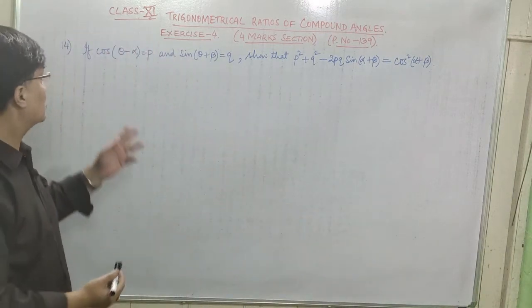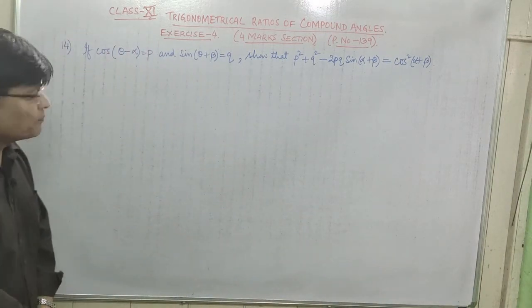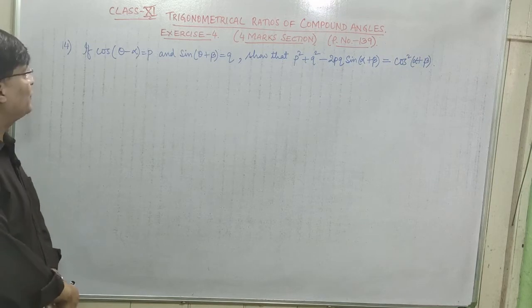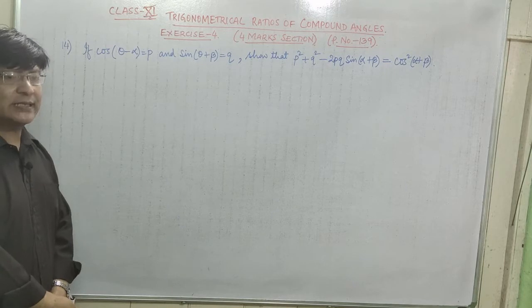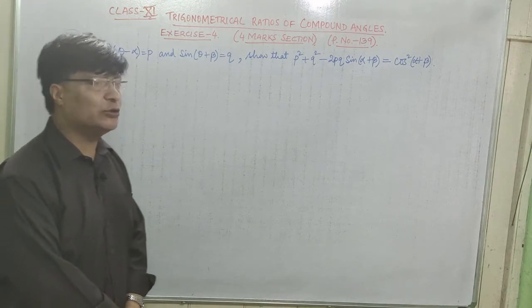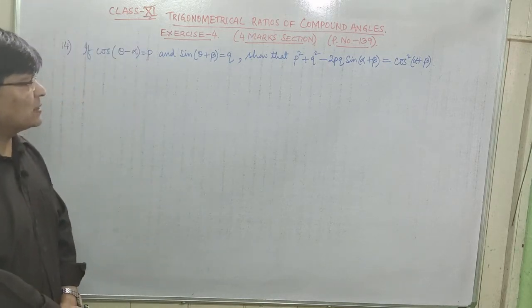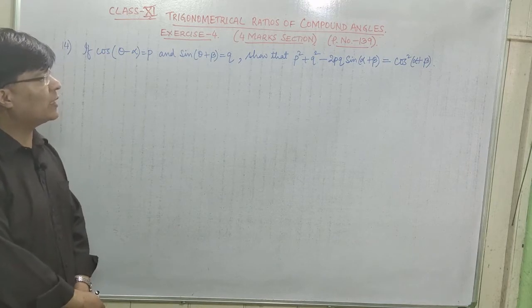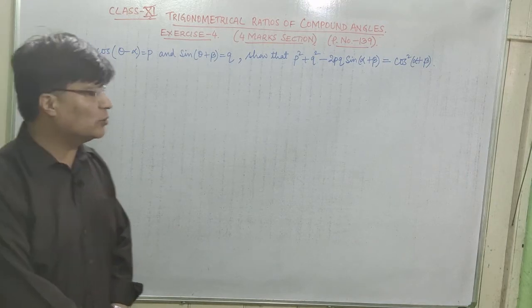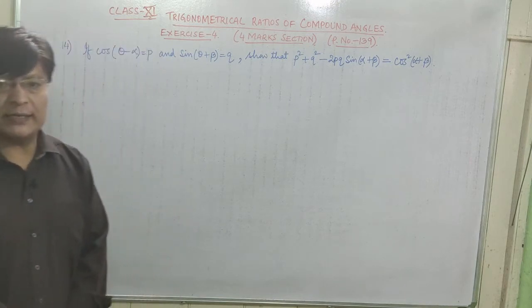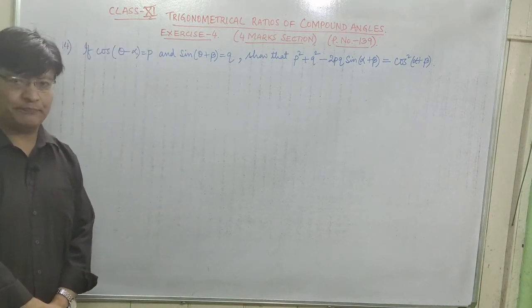So now we'll do the next question, that is question number 14. The question is, if cos of theta minus alpha is equal to p and sine of theta plus beta is equal to q, you have to prove that p square plus q square minus 2pq sine of alpha plus beta is equal to cos square within bracket alpha plus beta.